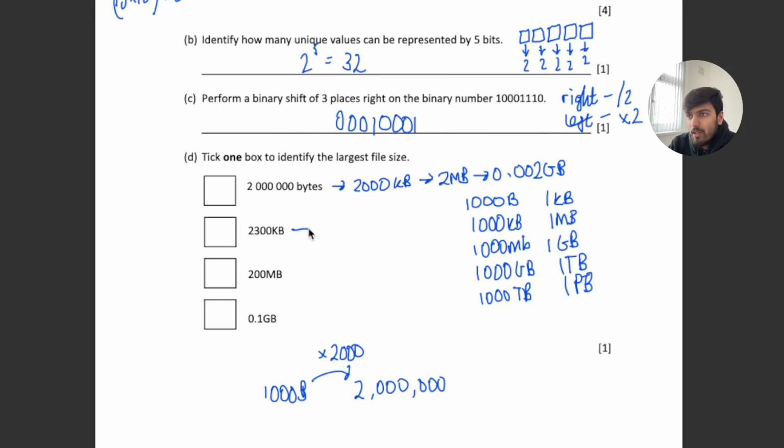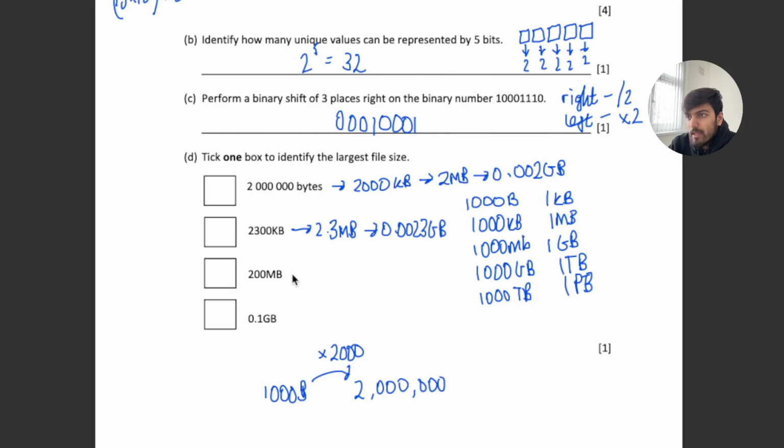So here we divide by 1000 so that we get the megabytes. So we get 2.3 megabytes. Again, divide by 1000, so we get 0.0023123.